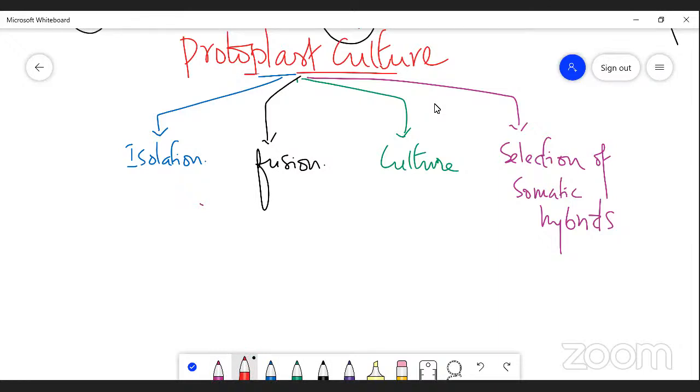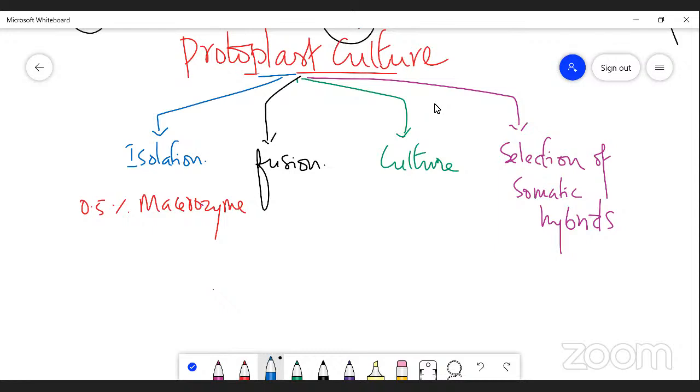I'd like to mention the nature of the chemical compounds: 0.5% macerozyme is taken. Here in your textbook there is a mistake, it is an error. Please understand, it is macerozyme. It's a complex mixture of chemical substances.